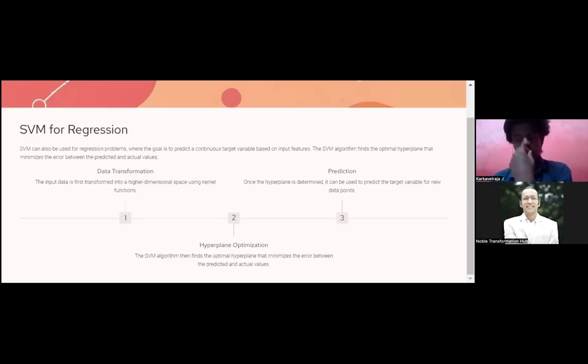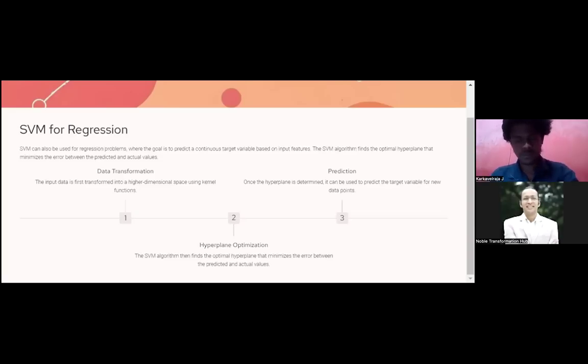Once we have done the transformation in SVM for regression, it will do hyperplane optimization, then prediction will happen.